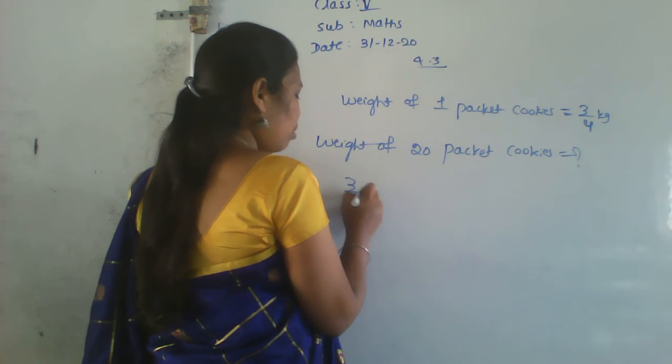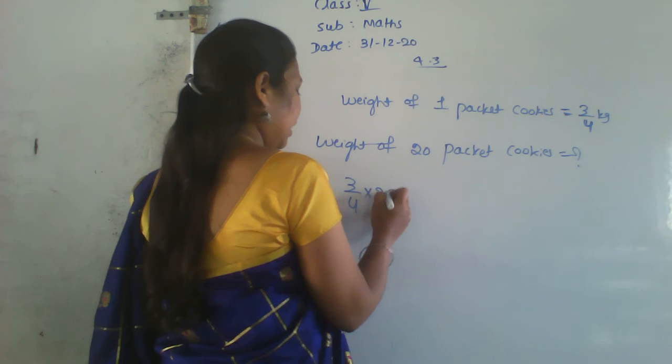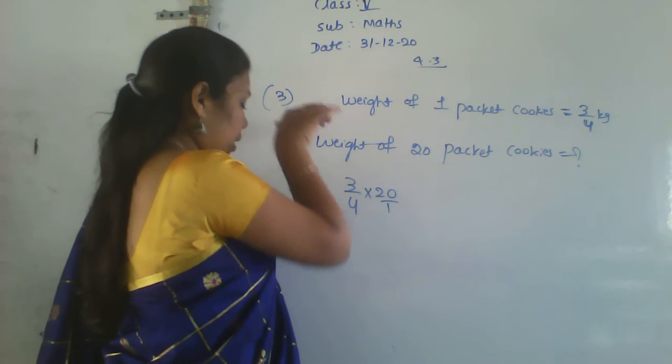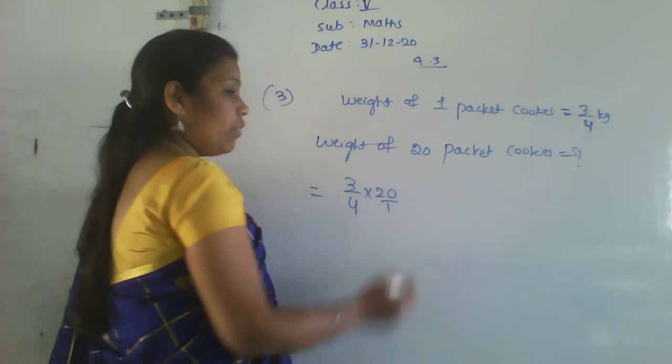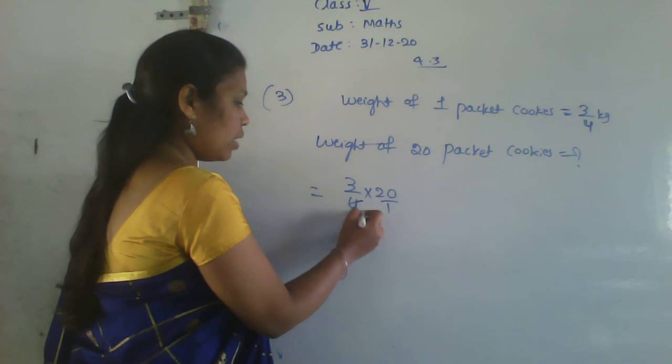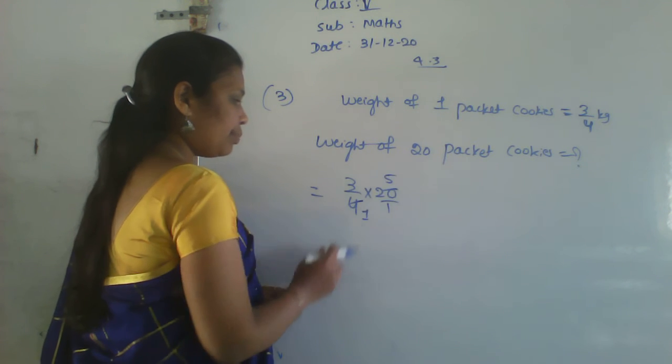So now we need to multiply here by 20. Nothing is there, means 1 is there. So now do multiplication. 4 and 20 are in the same table. We can cancel, right? So 4 ones are 4, 4 fives are 20.